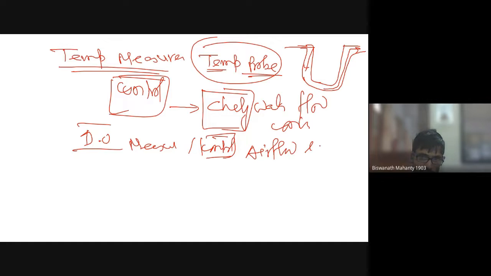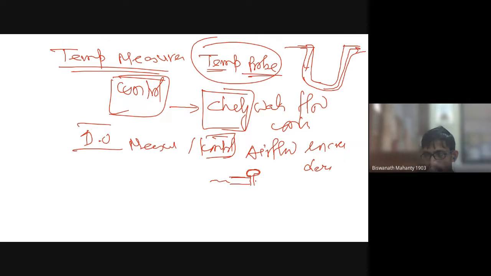Airflow we can increase or decrease. There is also a valve device. Compressed air is coming in, and this is a gated valve which can be controlled by the controller. If the oxygen concentration is too high, it may stop. These controllers are there, but not widely used for the fermentation process.